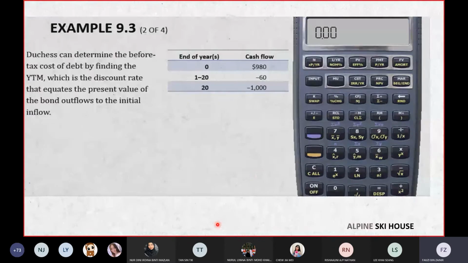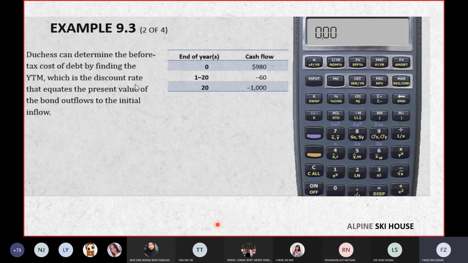In the preceding example, Duchess received proceeds of $980 by issuing a 20-year bond with $1,000 par value and a 6% coupon interest rate. So Duchess can determine the before-tax cost of debt by finding the yield to maturity, which is the discount rate that equates the present value of the bond outflow to the initial inflow. So we are going to figure out the yield to maturity.